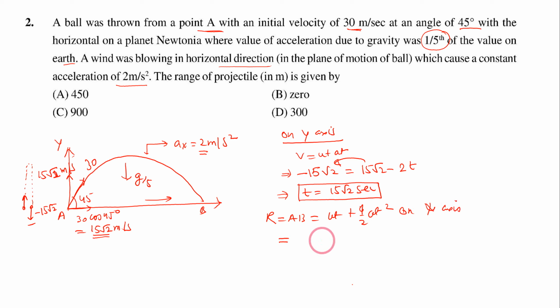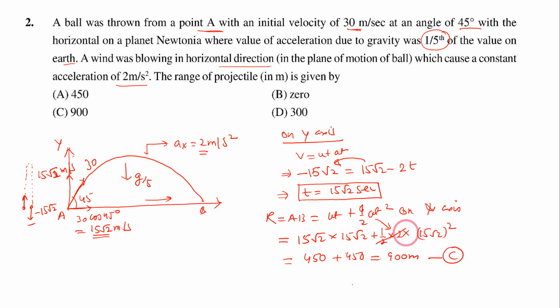So simplify this, put the value: 15 root 2 in place of u, time also, so 15 root 2 plus half into 2 in place of acceleration, and then 15 root 2 whole square. So 15 root 2 whole square is 450, 2 cancelled, again 450, which is giving you 900 meter. So the answer is C.